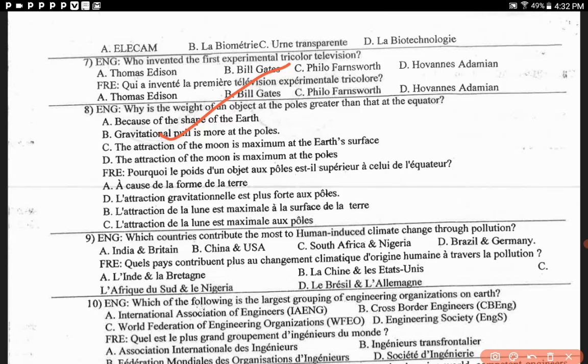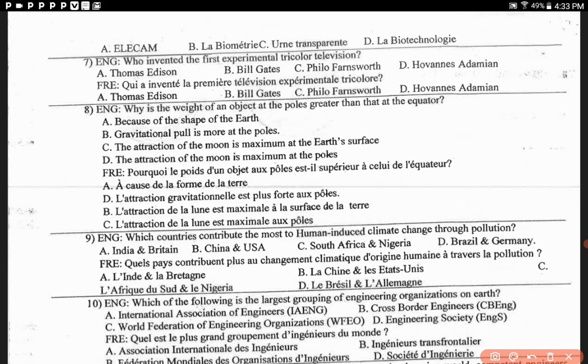So question 9 is saying: which countries contribute the most to human induced climate change through pollution? We'll talk of climate change as a whole. Climate change is what we call global warming, and the main cause of global warming is the greenhouse effect, greenhouse gases.